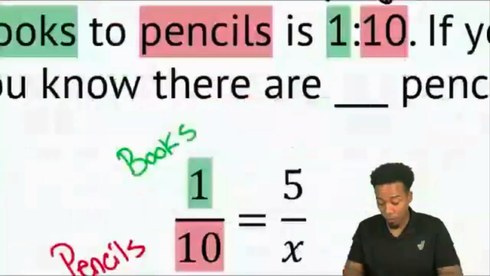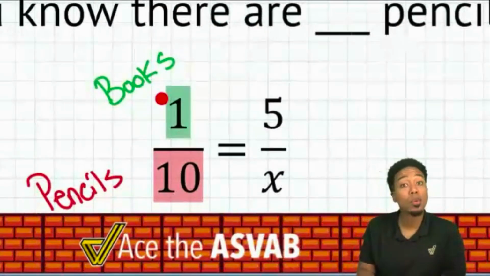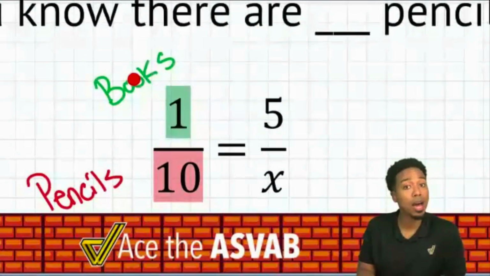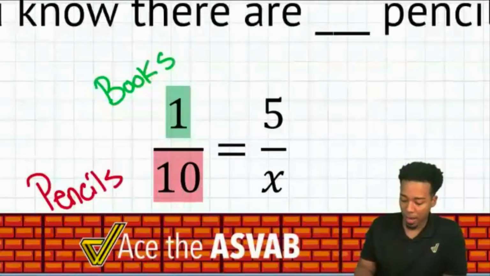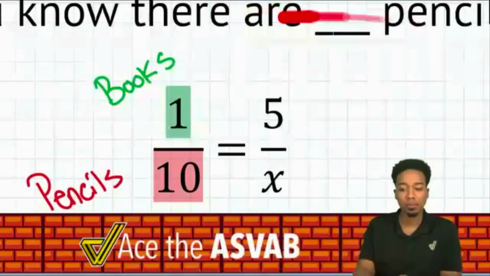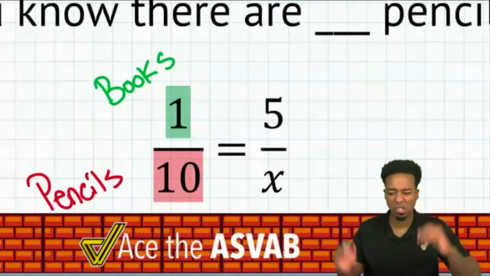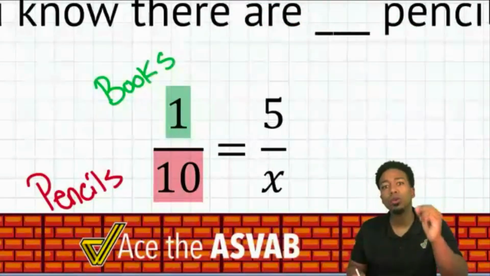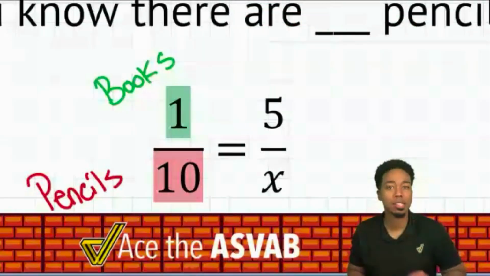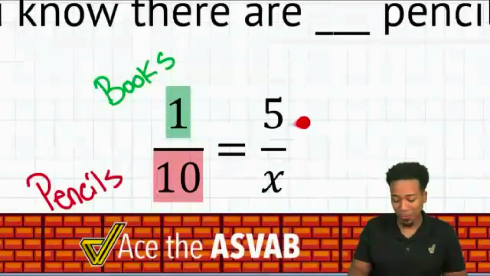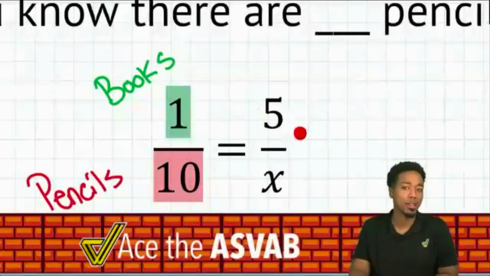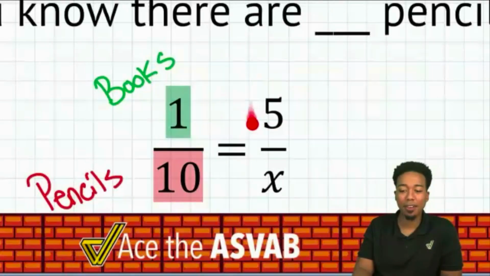So if we're going to say we have 1 representing books up top and 10 representing pencils on the bottom, before we even look at the remaining part of this problem and the blanks, if we know that we have to compare the same things in the same way and we write books over pencils, what does this 5 have to represent?